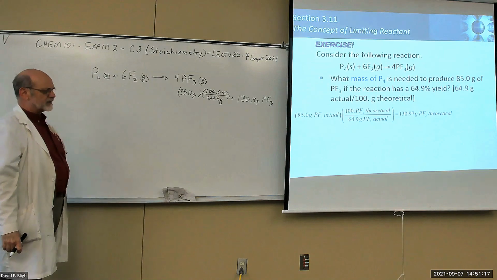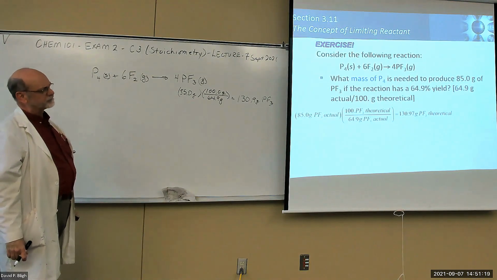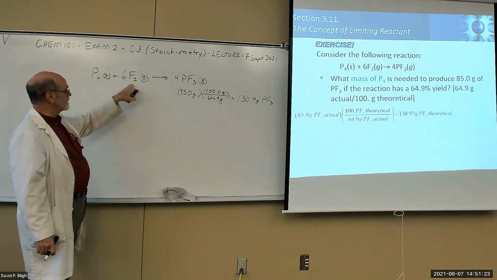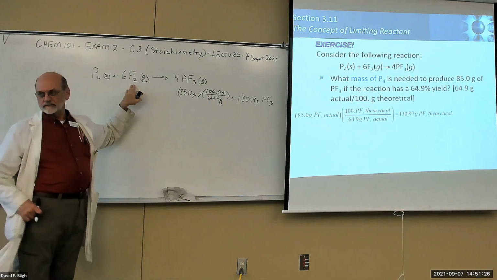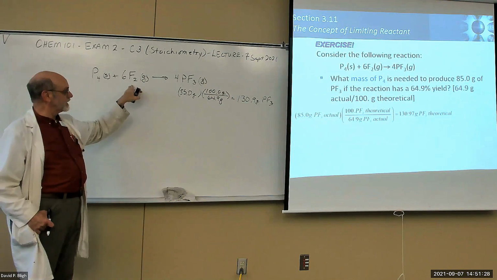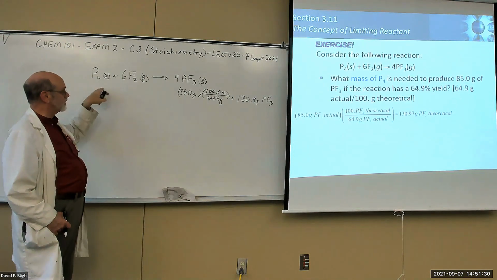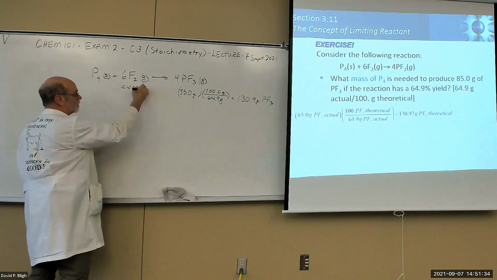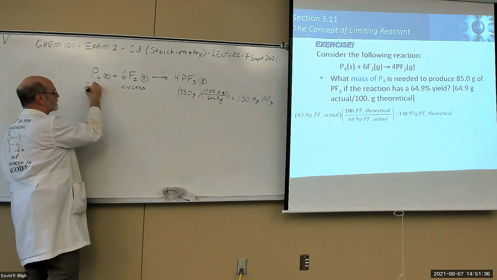But this one doesn't give us a limiting reactant. Sorry. It only talks about yield. And we're saying that we've got plenty of fluorine. We could make this the limiting reactant, or we could make this the limiting reactant. In fact, if this is excess, this is automatically limited.